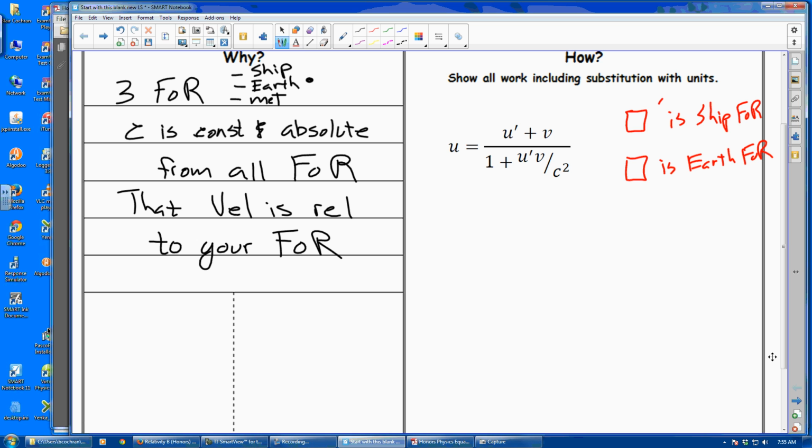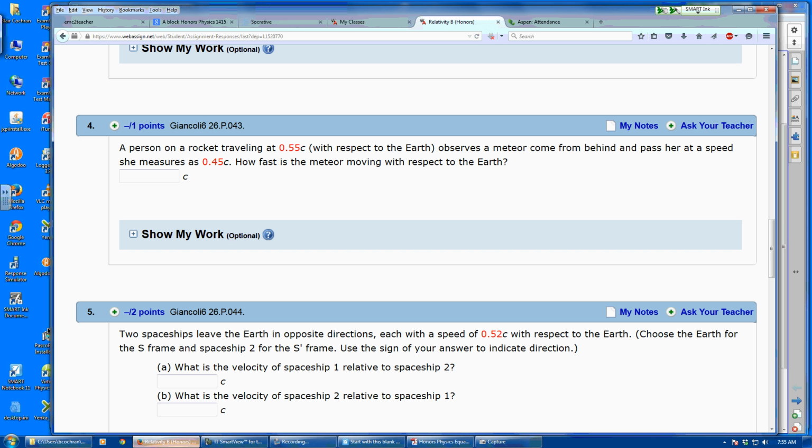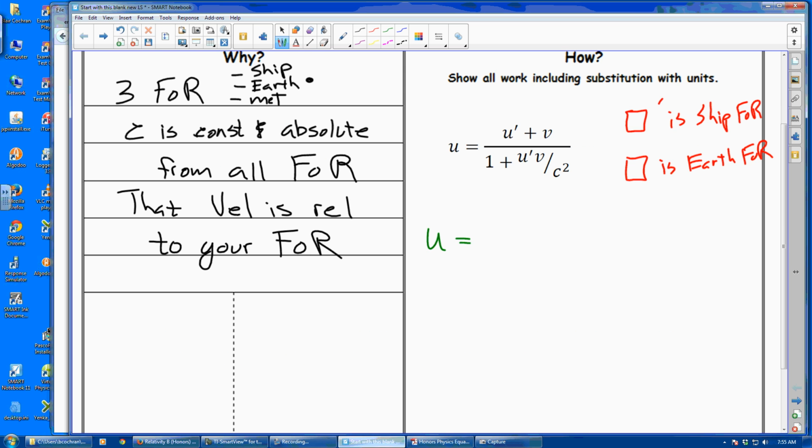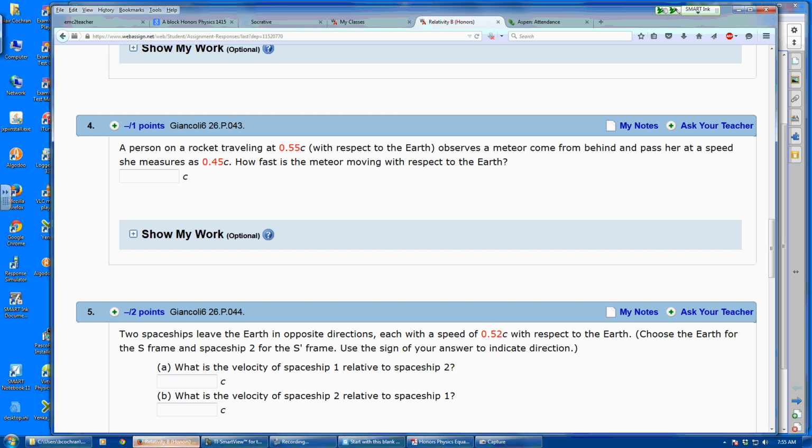We're looking for the speed of the meteor with respect to the Earth, so that would be u. The speed of the meteor with respect to the ship, which is u prime here, is 0.45 c. So 0.45 c plus the speed of the ship with respect to the Earth, that's v, which is going to be 0.55 c for me.